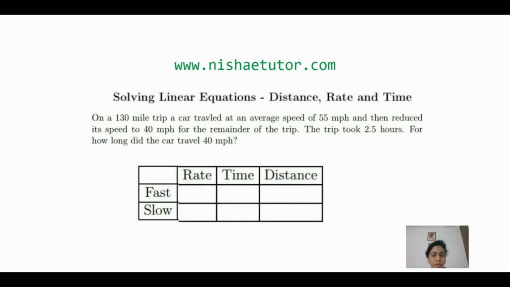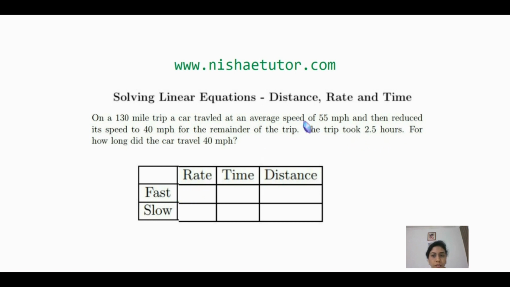Okay, so here both speeds are given, sometimes fast and sometimes slow. First, 55 miles per hour, and then it reduced its speed to 40 miles per hour, and the total distance they covered is 130 miles, right? And the total trip took 2.5 hours, right?